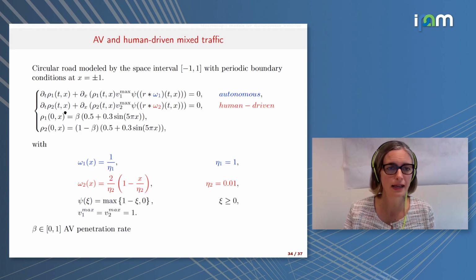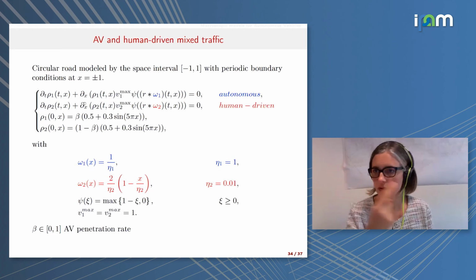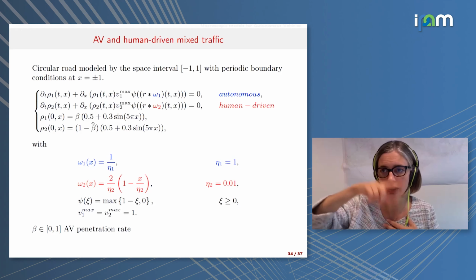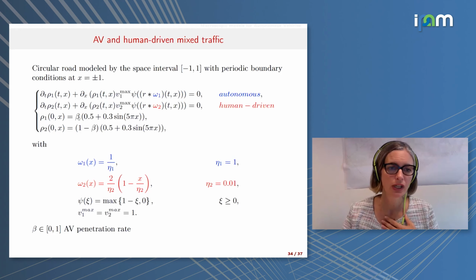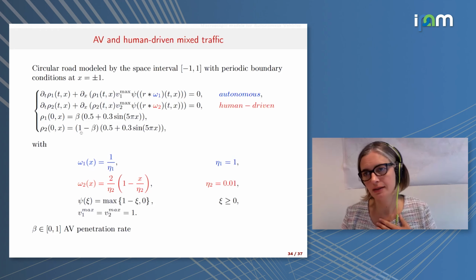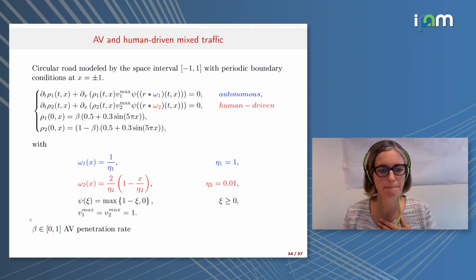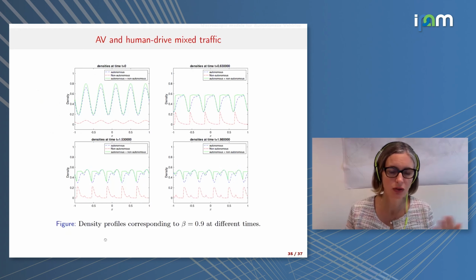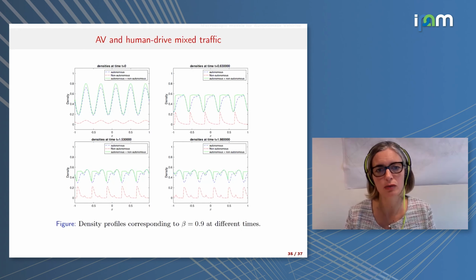Then I consider a periodic problem, so they are driving in a circle, and they start with an oscillating initial condition in which we have a percentage of autonomous vehicles and the rest human-driven. So beta here is the penetration rate of autonomous vehicles. And this is what happened from the simulations.